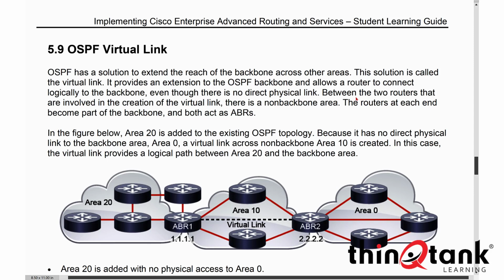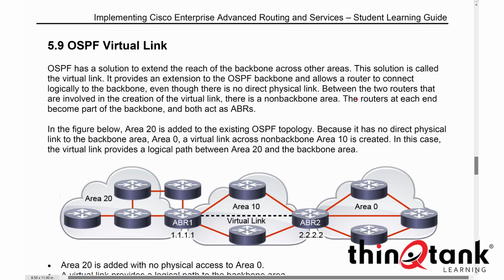There may be instances where you may not be able to meet, initially at least, the design requirements that we have for either a contiguous area 0 or backbone, or to have all of your non-contiguous areas directly connected to the backbone. Maybe you're in the process of joining two companies together and area 0 is divided, like we see in this diagram here, by another area.